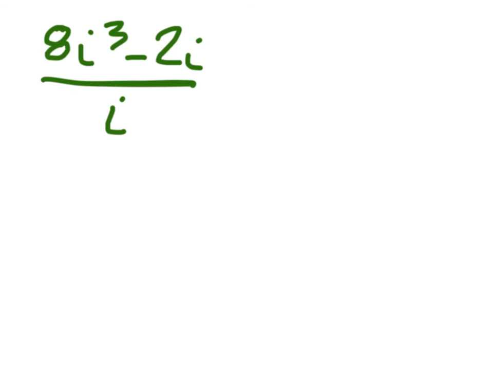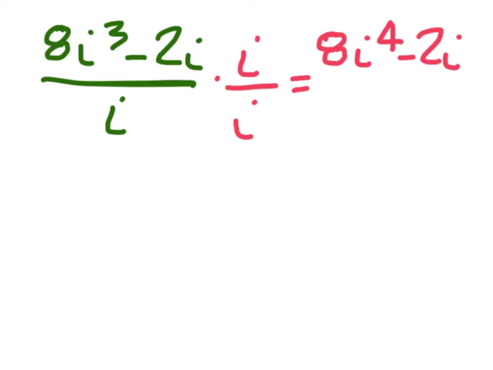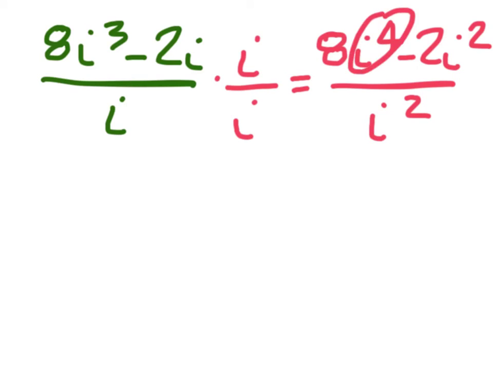Try this problem and bring it up. This one is 8i to the third minus 2i over i. On this practice problem, I would multiply the top and the bottom by i to get 8i to the fourth minus 2i squared over i squared. i to the fourth here is going to be 1, so I'm just left with an 8.